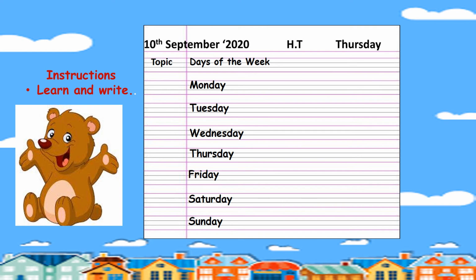Now, next write the spelling of Monday, M-O-N-D-A-Y, Monday. Tuesday, T-U-E-S-D-A-Y, Tuesday. Wednesday, W-E-D-N-E-S-D-A-Y, Wednesday. Then write Thursday, T-H-U-R-S-D-A-Y, Thursday.